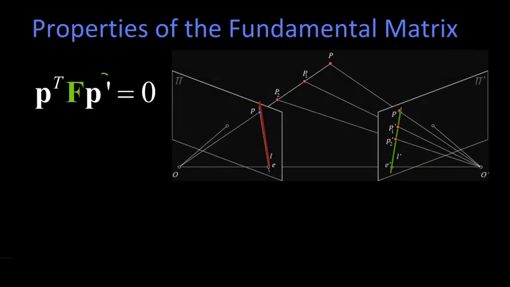Okay, great. All right, now comes something cool. Again, a little bit complicated. We know that P prime is on the epipolar line corresponding to P in the other image. That's what this equation says, if this equation holds. But suppose P prime was on the epipolar line in the prime image for every point P in the original image.